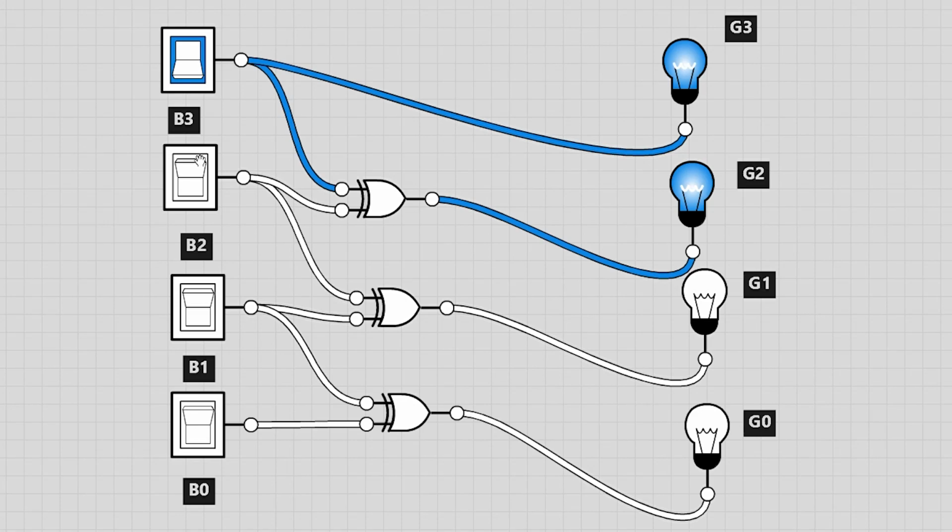When B3 is 1, B2 is 0, B1 is 0, B0 is 1, G3 will be 1, G2 will be 1, G1 will be 1, G0 will be 1. When B3 is 1, B2 is 0, B1 is 1, B0 is 0, G3 will be 1, G2 will be 1, G1 will be 1, G0 will be 1.